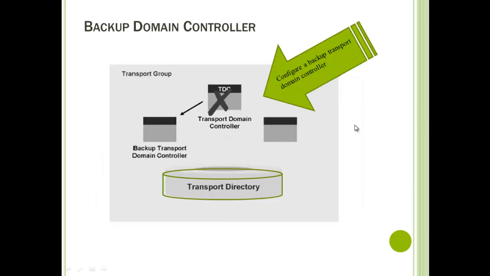Now let's see the backup domain controller. Let's assume an SAP system acting as the transport domain controller fails, then no changes can be made in the TMS configuration. So SAP therefore recommends you to have a backup domain controller which can take over the function of the domain controller in case this type of failure happens in your transport domain.